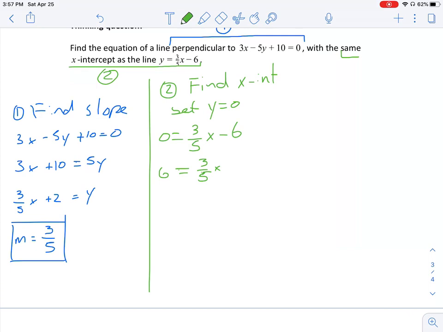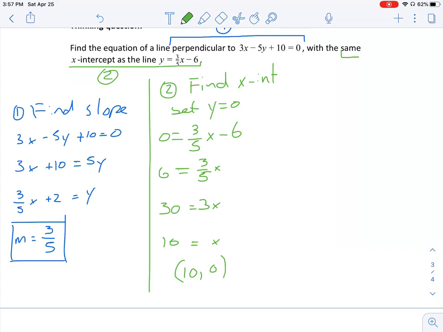Multiply both sides by 5. 30 equals 3x. Now I divide by 3. So the x-intercept of this line is 10 and 0.